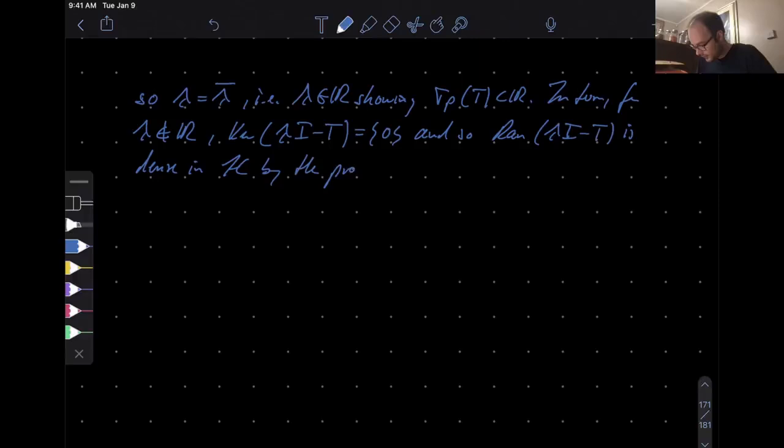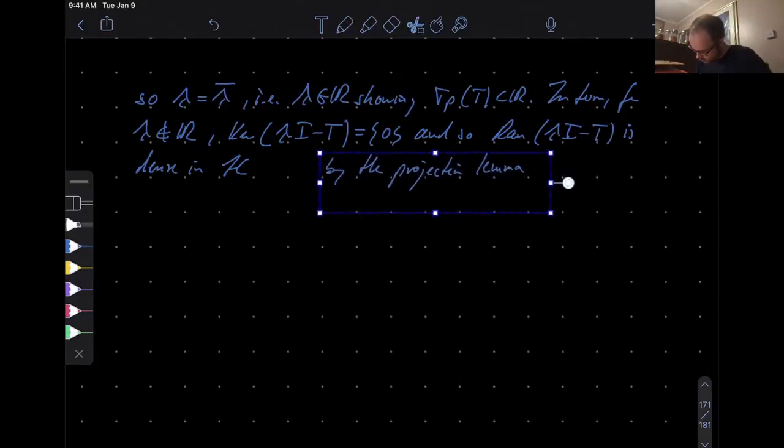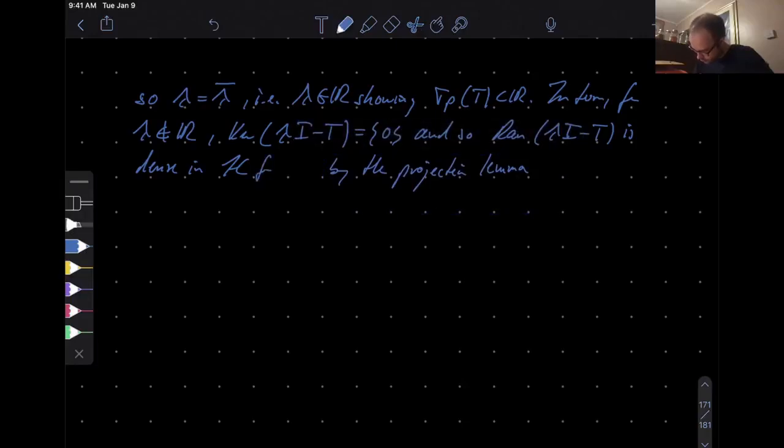We used this argument in the first part of this proof, showing that the residual spectrum is empty. So it is dense in H for lambda not real, by the projection lemma.